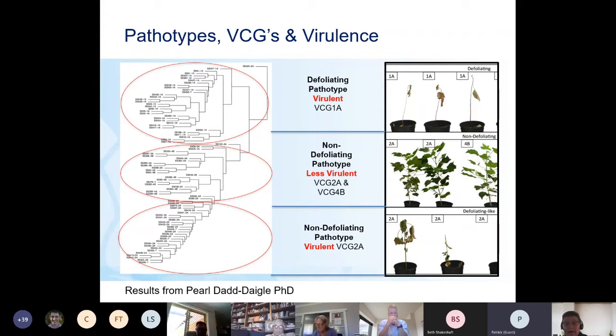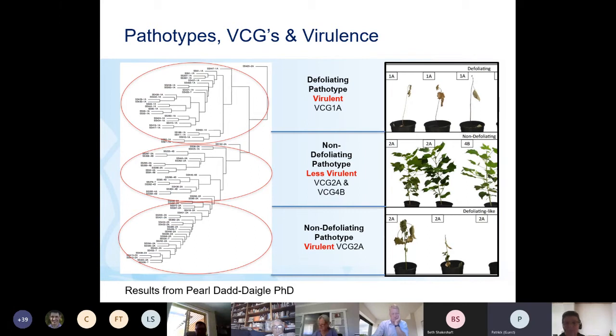In Australia, we also have non-defoliating pathotype, less virulent, and these are VCG2A and 4B. So here you can see quite healthy plants. And we also have another set or cluster of isolates that come back as non-defoliating pathotype. However, in Australia, we see them actually defoliate and kill the plants. So these are quite virulent.